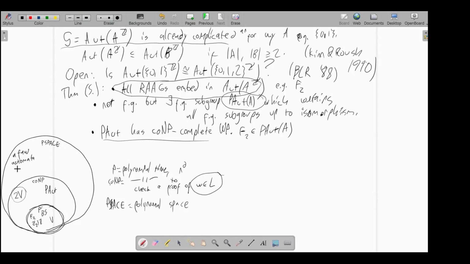So what is this polynomial space? Polynomial space means those languages where there is a Turing machine or some kind of computational device which can determine whether a word is in the language after taking at most polynomial space. So it can run for an exponential number of steps, but it cannot use more memory than a polynomial amount.